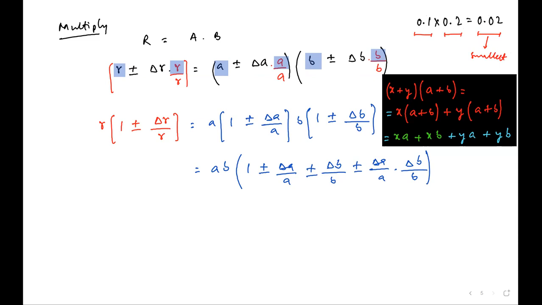By multiplying any two smaller terms, you will get a much smaller value. Similarly, this is a smaller value, this is again a smaller value. So on multiplying, this part will be very small as compared to the rest of the terms. So we'll just neglect it.